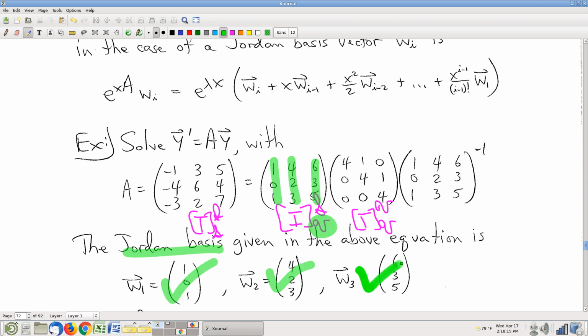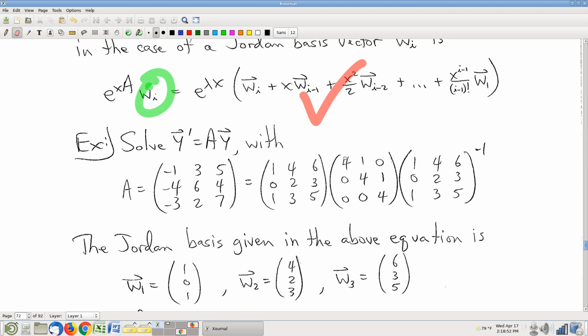Make sure to think it through; don't memorize that it's always the one on the left, or always the one on the right. If A is on the right, then that's not going to work. So think it through, be clear: where do you find your Jordan basis vectors? These are they. And with that done, it's just a matter of plugging in these Jordan basis vectors into this formula and writing down our solutions. Okay, here we go.